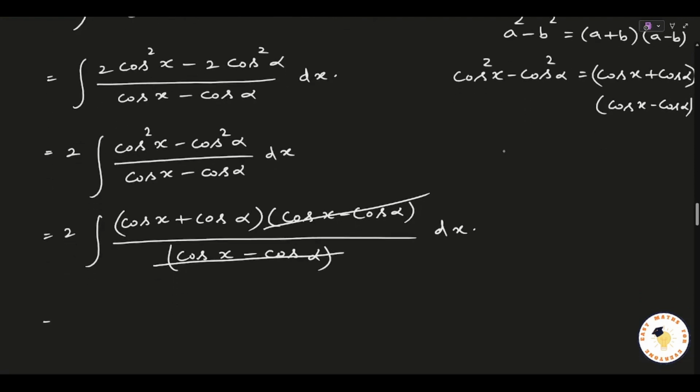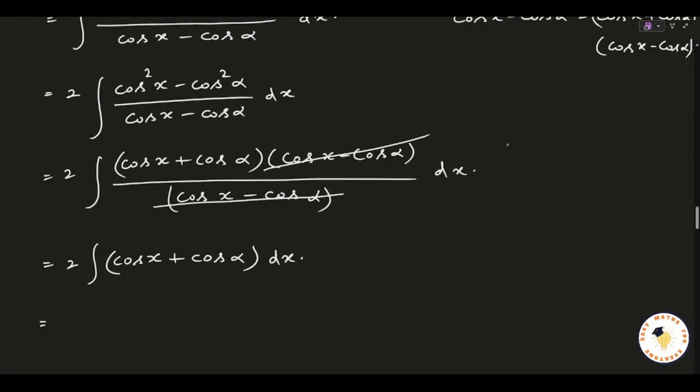So we are left with 2 times integral of cos x plus cos alpha dx. Now this can be easily split into two individual integrals: 2 times integral cos x dx plus 2 times integral cos alpha dx.